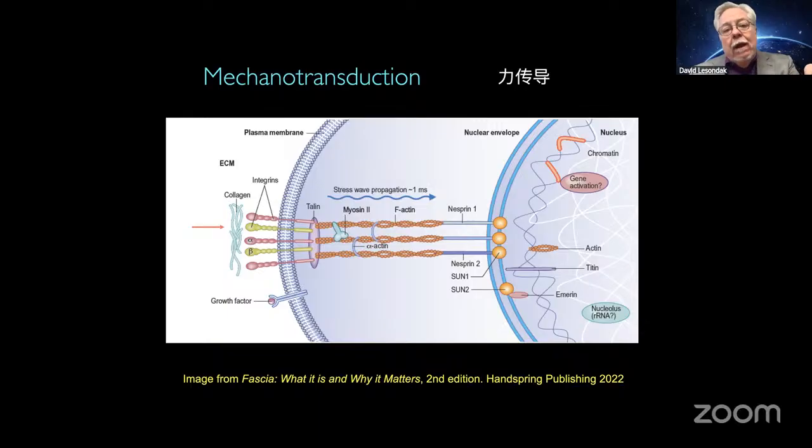And when that collagen gets pulled, those integrins send a message into the nucleus of the cell that can change how the DNA in the nucleus of the cell responds. So this has the potential to create changes on the cellular level. This is something we are still learning about.